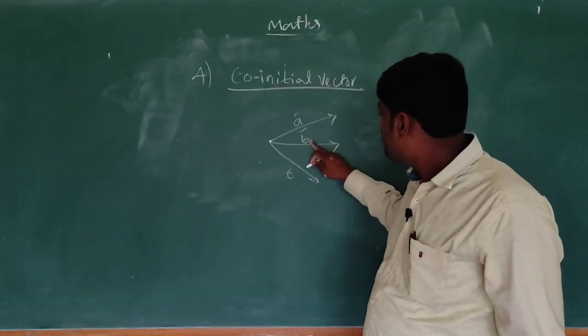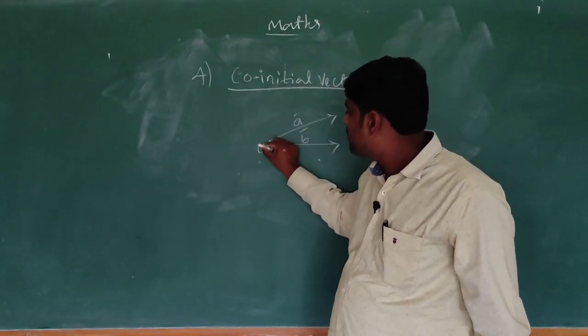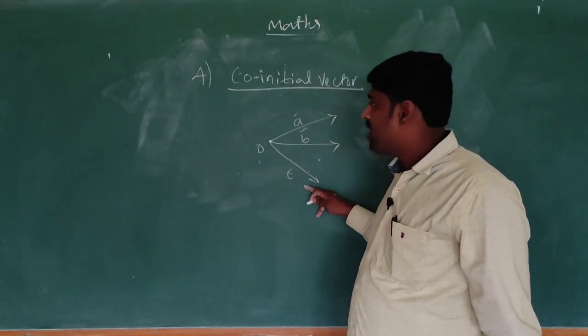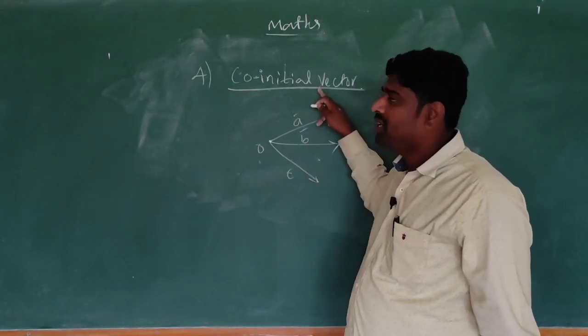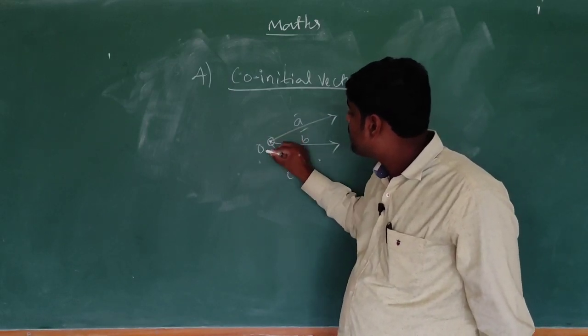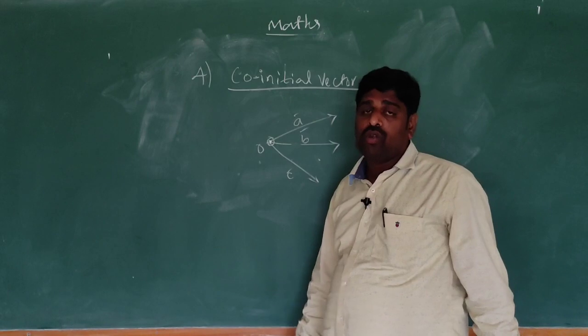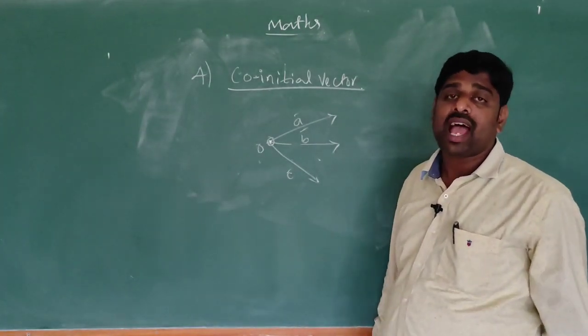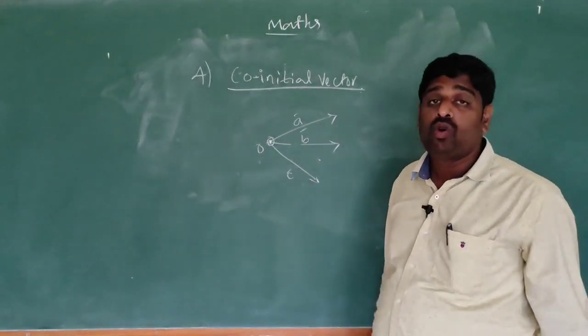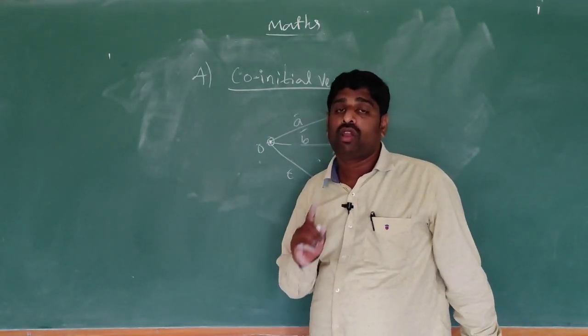This is the initial point O. Two or more vectors are said to be coinitial if they have the same initial point. Two or more vectors having the same initial point, such type of vectors are called coinitial vectors. I think all of you have understood.